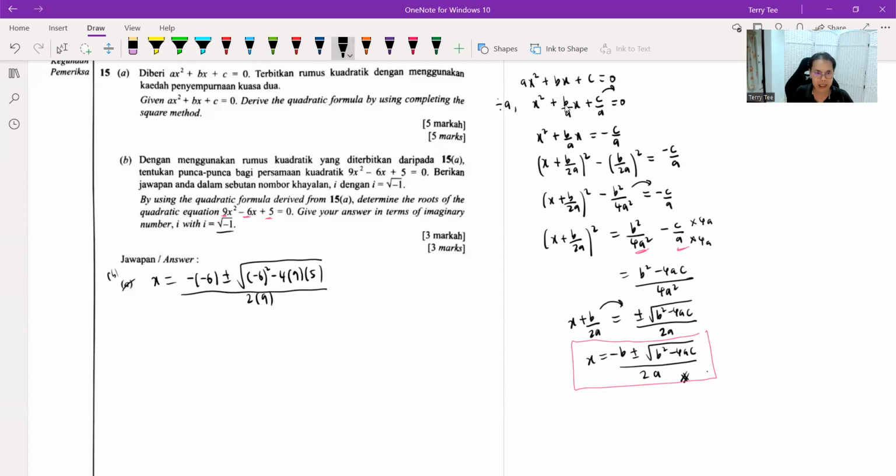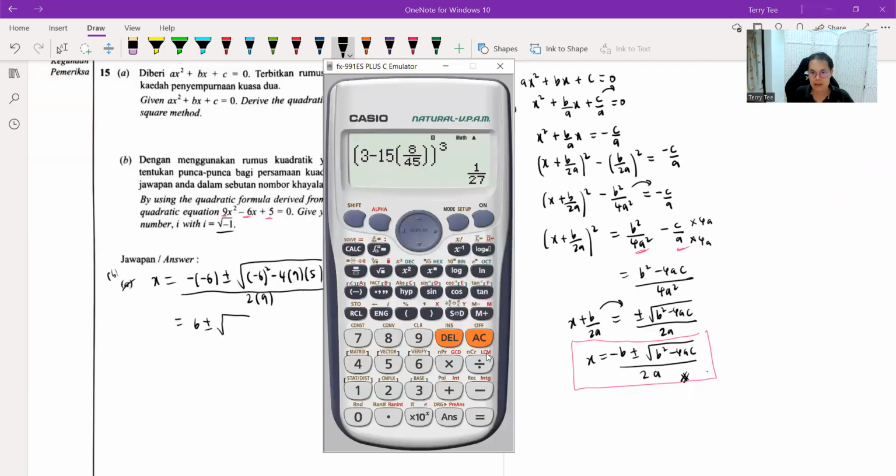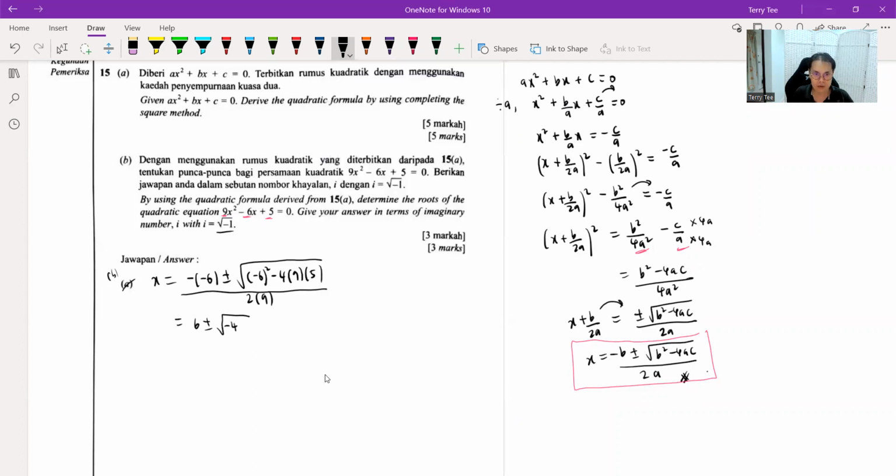So here we have 6 plus minus square root. This one here, you might want to use a calculator. Minus 6 squared is 36, minus 4 times 9 times 5. So I got negative 144.